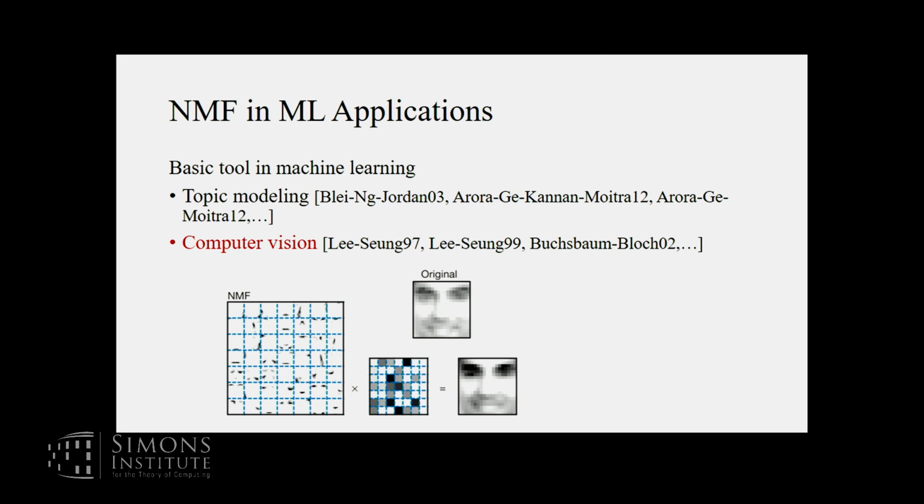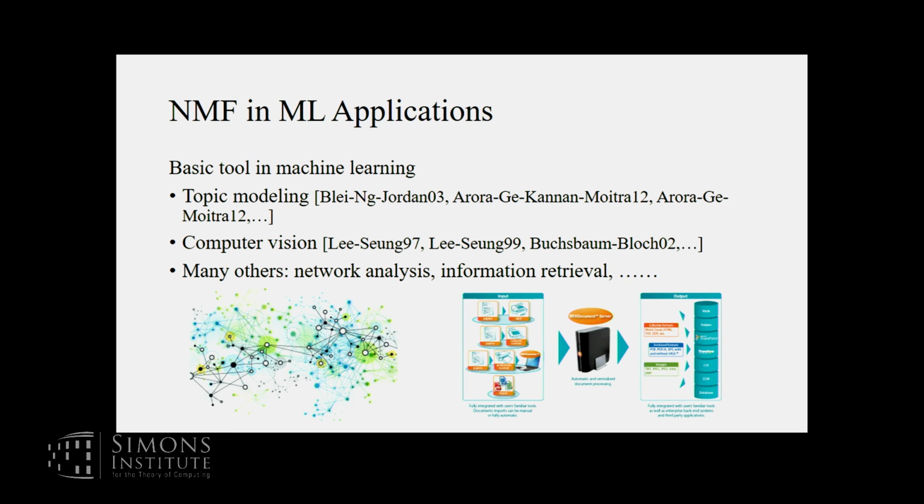Some of the images might correspond to the mouth on human faces, and some others might correspond to eyebrows and things like that. So you can get a parts-based representation of human faces. So this is another example. It also has many other applications like analyzing networks and information retrieval and things like that.